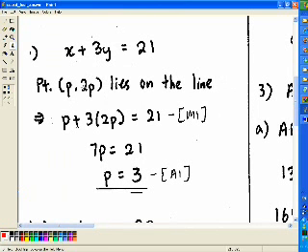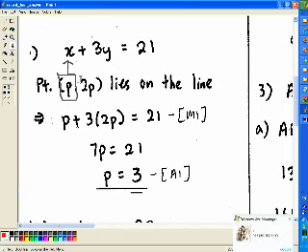What does it mean by it can fit into the equation? That means that this P can fit into this x value over here, while this 2P can fit into this y over here.